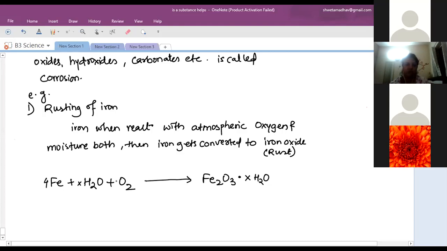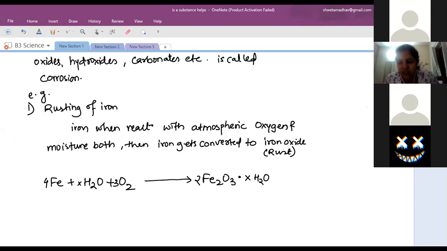Ma'am, I didn't understand that part. Why any number of molecules? That is water of crystallization. I have explained it to you earlier. Yes, ma'am, last year. So iron oxide is in the form of a crystalline structure. The crystals are formed by the attachment of water molecules, and that water doesn't have fixed molecules. So any number of water molecules are fixed to the iron oxide and give its crystal form.